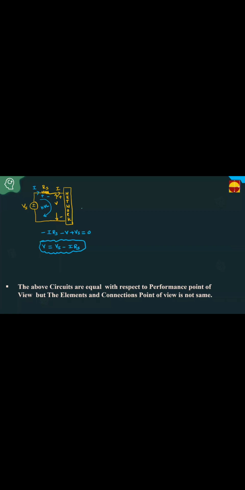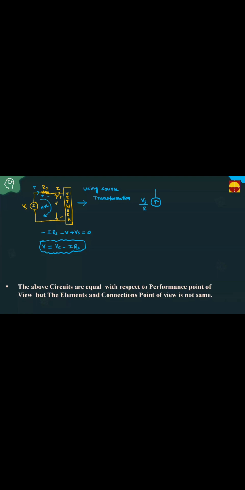Now you have to replace this like this. Now we are applying the source transformation. How to convert this voltage source into a current source? Simply, the current is Vs by Rs, this voltage by this resistance.